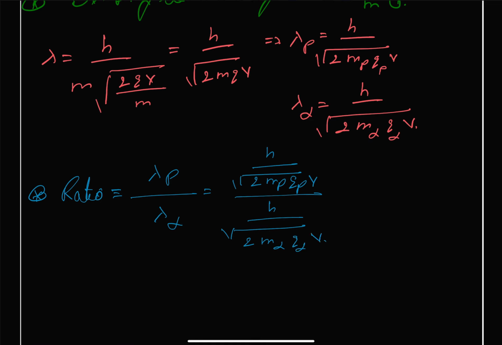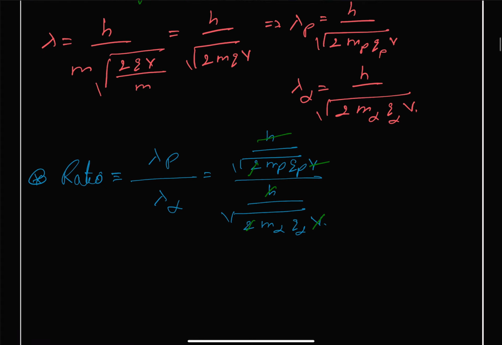Here this h and potential difference cancels out, and this will be equal to square root of mass of alpha, charge of alpha, upon mass of proton and charge of proton.